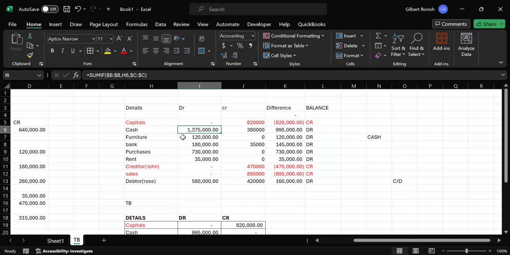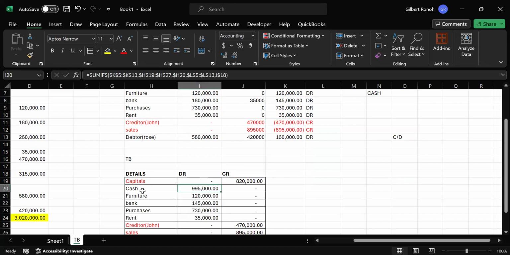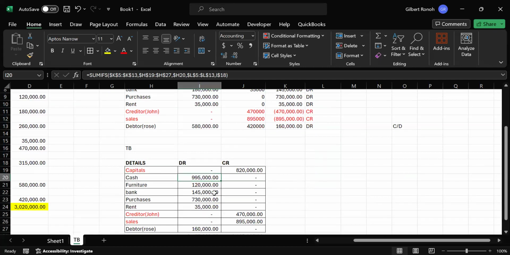So the difference is what is called the carry forward. If you open a T cash account balance, whatever is on the credit side should be on the debit side of the trial balance. That's why it is appearing on the debit side of the trial balance here.